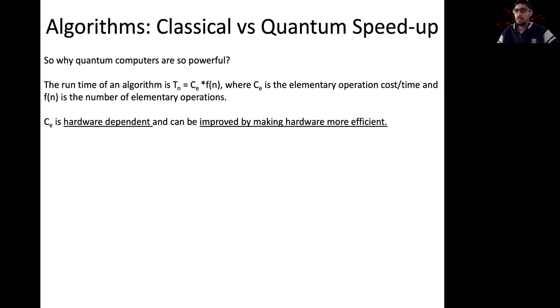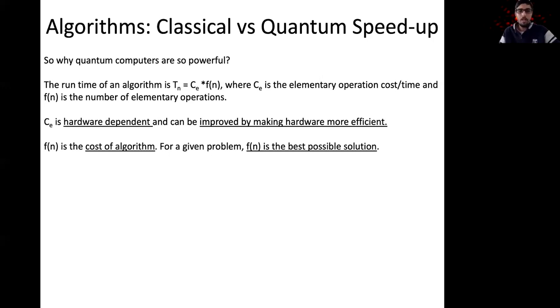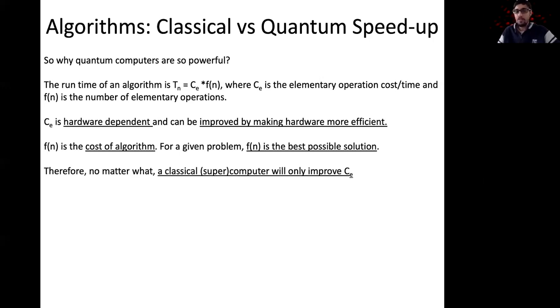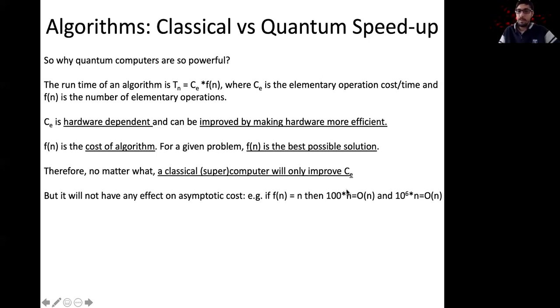That's not the hardware dependent part. F(n) is the cost of the algorithm for a given problem. F(n) is already the best possible solution that you have developed. You can't change it on a classical machine. Therefore, no matter what you do, a classical computer will only improve CE and it cannot make F(n) better.